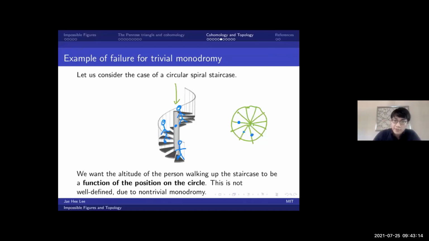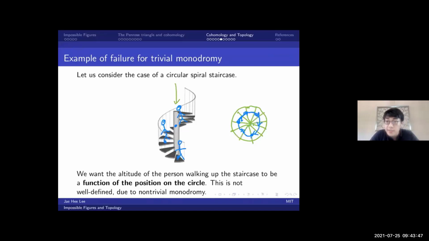And you soon realize that this is not possible, exactly because you have this kind of non-trivial monodromy. If you have a staircase, that means as you walk up, you always go up. You start from this point on the circle, and you have some distance from the ground, and you walk up along the stair, and the distance from the ground is going to increase as you move in this direction.